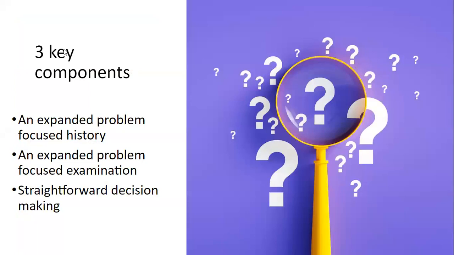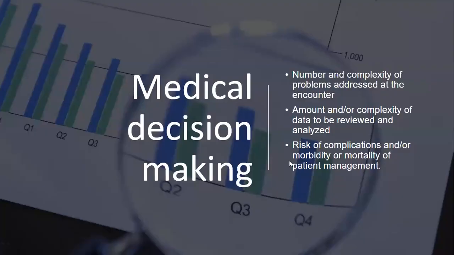So what they use to code and grade your level of visit: that expanded problem focused history. You know how you all don't like to do focused exams? And then expanded problem focused examination. Straightforward medical decision making, that's the number and complexity of problems.